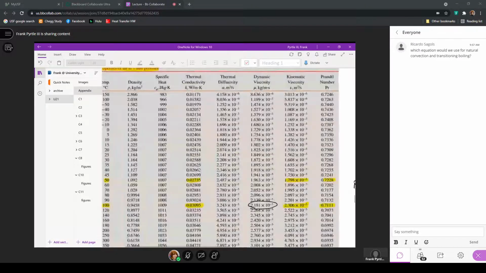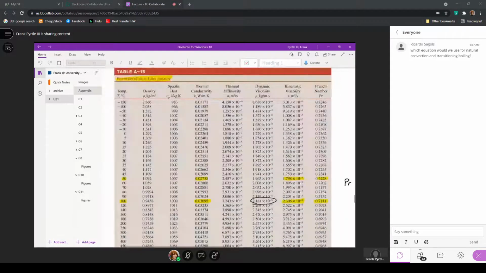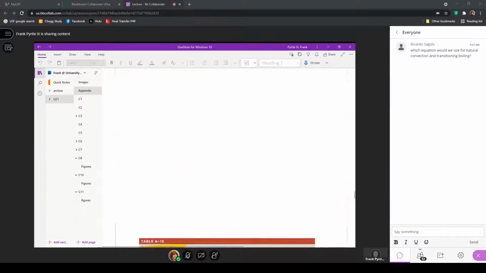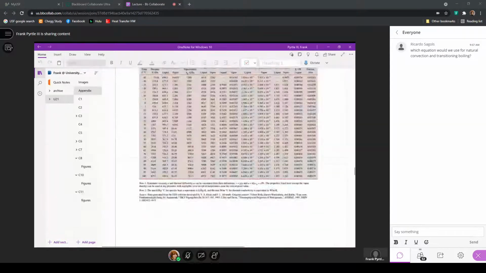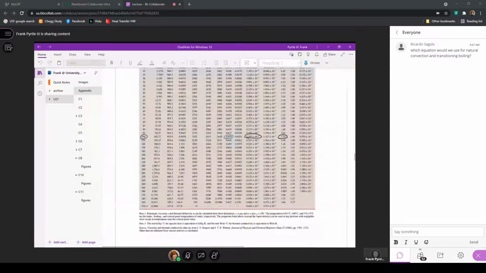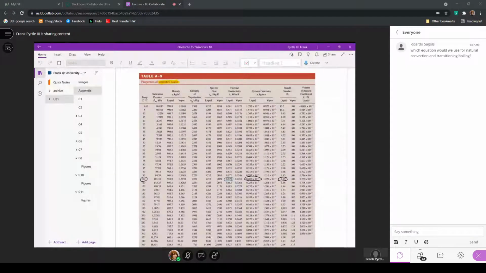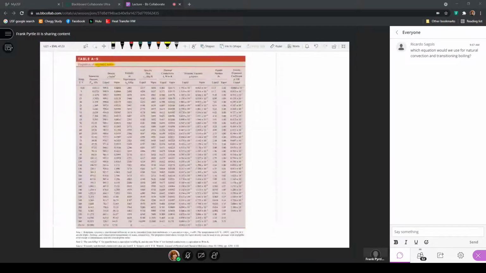Now, all the other properties are going to come from table A9, which are just the saturation properties for water. So, properties of saturated water, and here we just want them for 120 degrees. As I said before, we can look up what is the pressure associated with the 120 degrees.